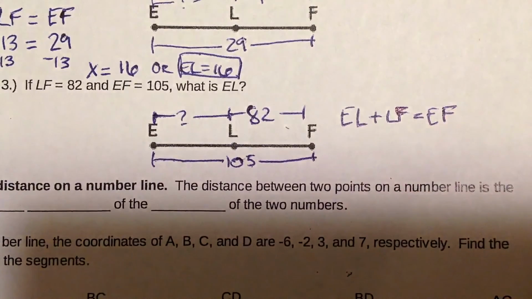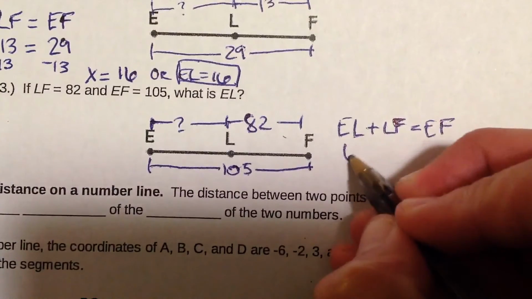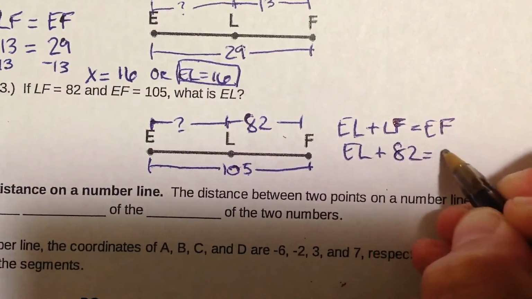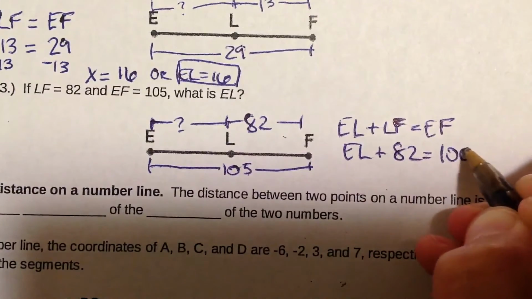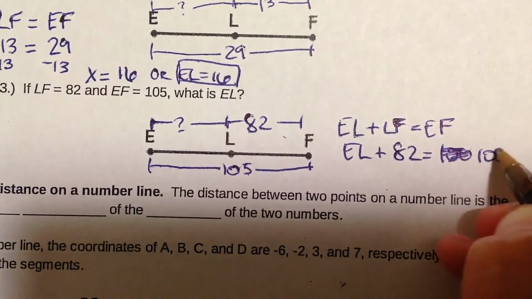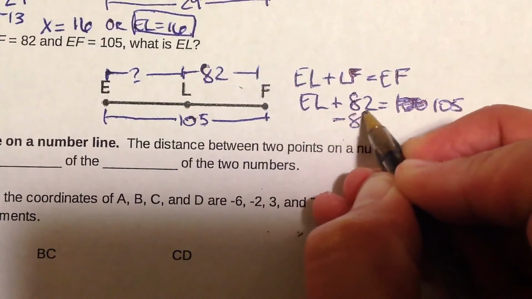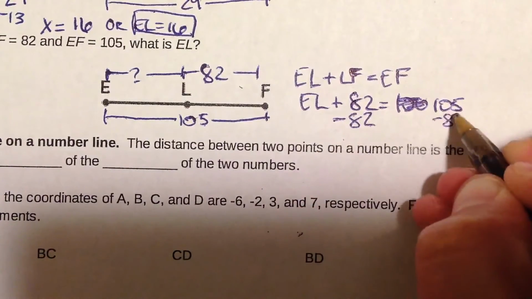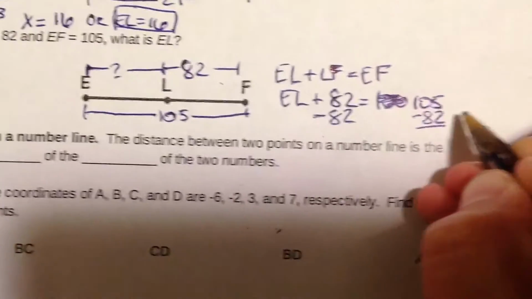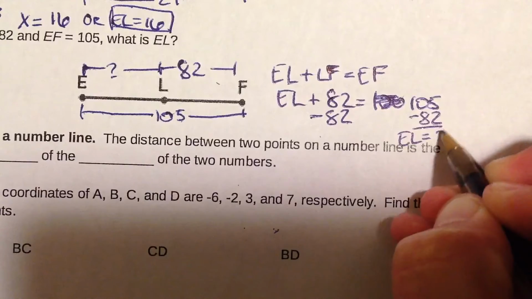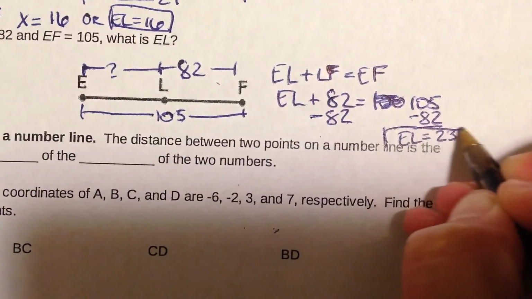It's always handy to write those out. EL plus LF, which is 82, equals EF, which is 105. To undo addition, I subtract 82. And EL equals 23.